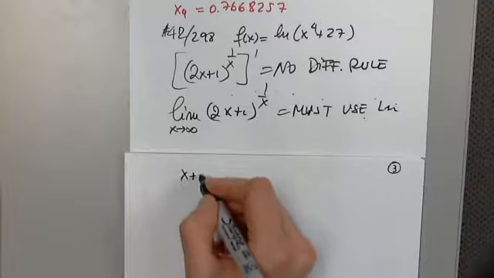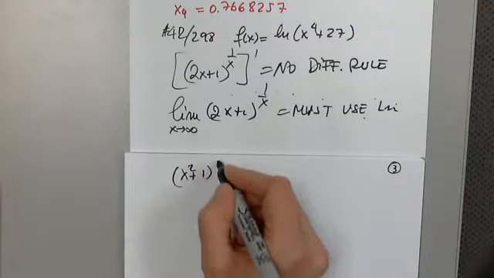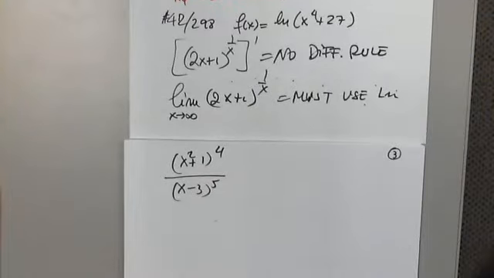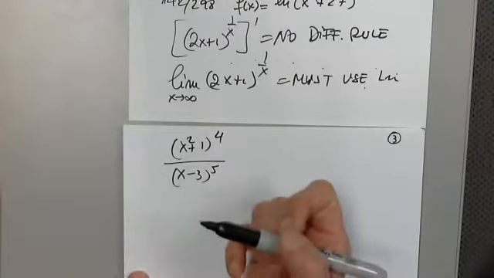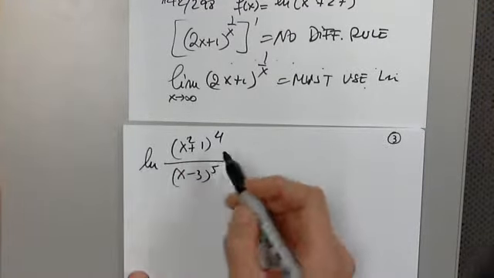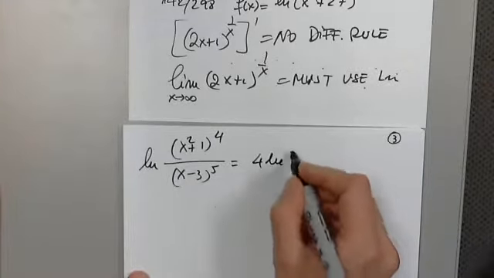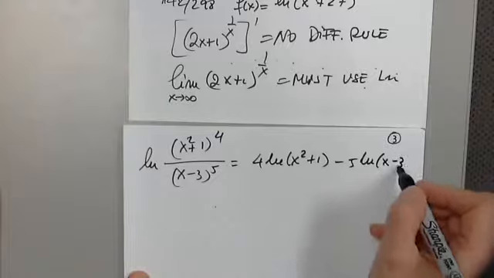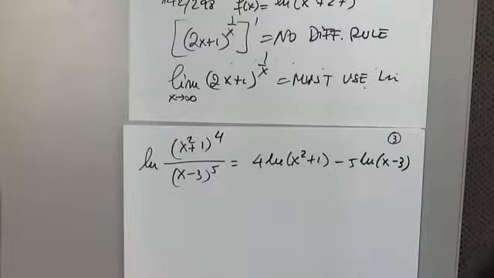Like, for example, x squared plus 1 to the 4th power over x minus 3 to the 5th power. Because if I apply natural log to this, then I will have 4 natural log x squared plus 1 minus 5 natural log of x minus 3. And yes, indeed, it will be slightly easier to differentiate.